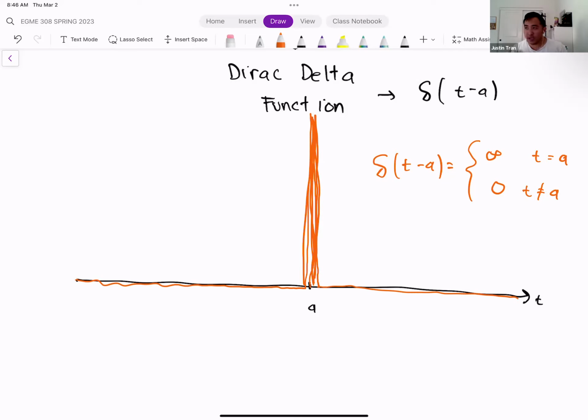You can consider it an infinite amount of forcing for a very, very brief instant of time. Of course, mathematically, this is nonsensical, since you can't have a function with an infinite value for just a brief instant of time. This is typically not how we use it. Typically you don't use the Dirac delta function by itself. You really use it in combination with an integral.